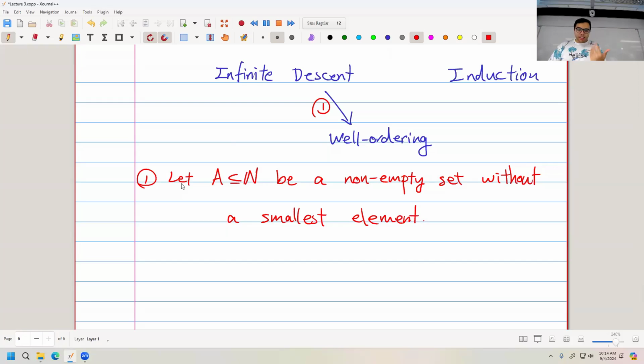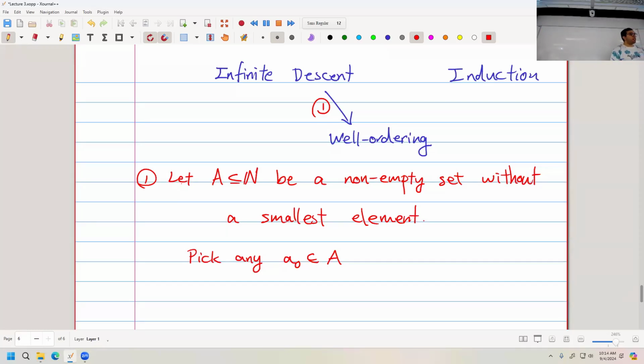Well, A is non-empty, so I can pick some element of A, right? Just pick any A0 in A. Now, my set A did not have a smallest element. So A0 is not the smallest element.